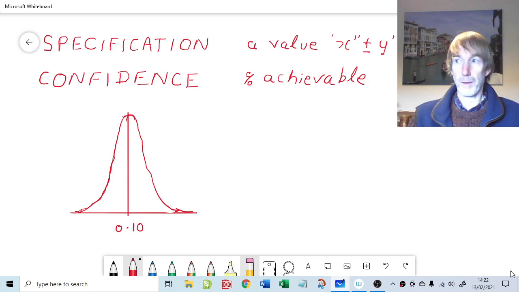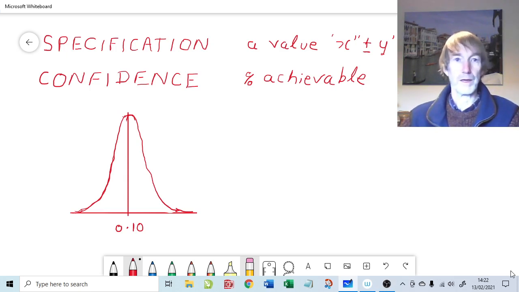And from the diagram in front of me, you will see that we kick off by talking about two important aspects. The first one being specification, which is a value. So we might say a value of, let's say, 0.1, where 0.1 by mass fraction is 10%.